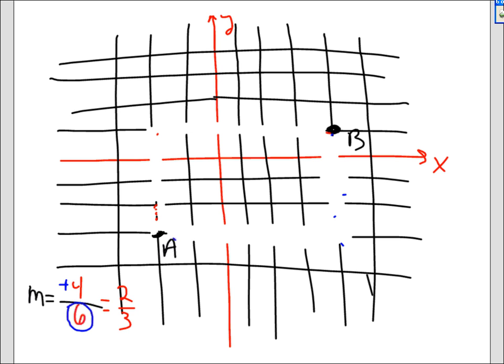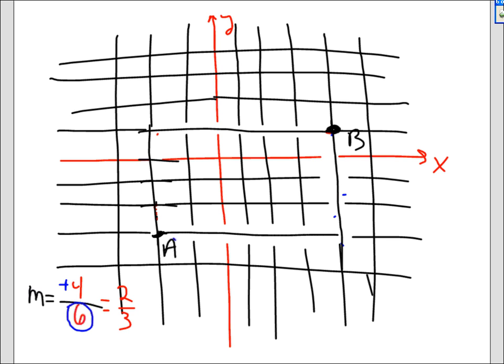But you could have gone from B to A. Nobody said you had to go from A to B. And if you went from B to A, one way would have been, let's compute the slope over here, you could have gone down 1, 2, 3, 4.